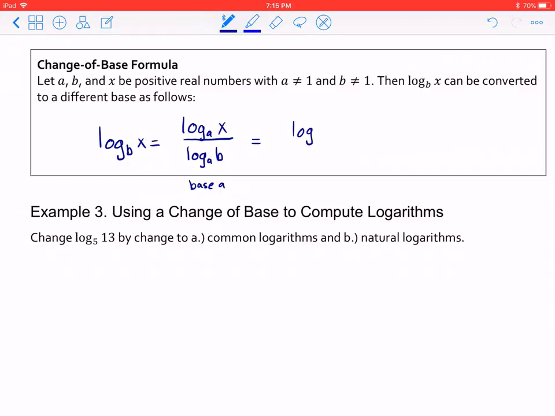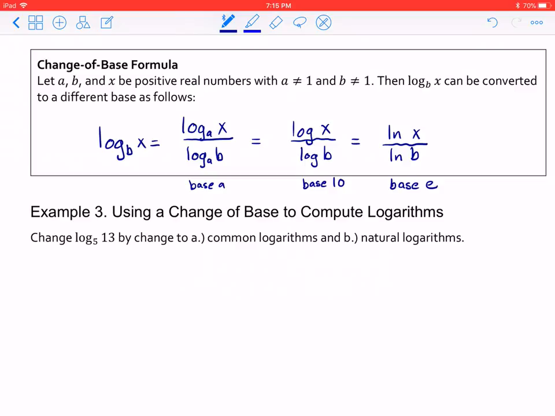So just to write that out, you can say our original log base b of x is just log of x over log of b. So this again is base 10, it's our common log. Or, and again, notice I'm writing equal, so it doesn't matter how you do these, because when you simplify it, it'll all come out numerically to the same thing. And say last thing we wanted, ln of x divided by ln of b. So this here is base e.